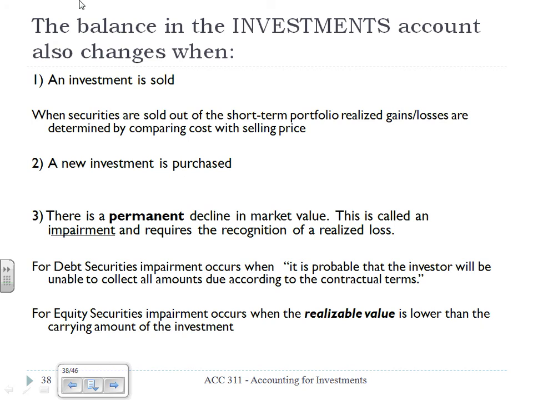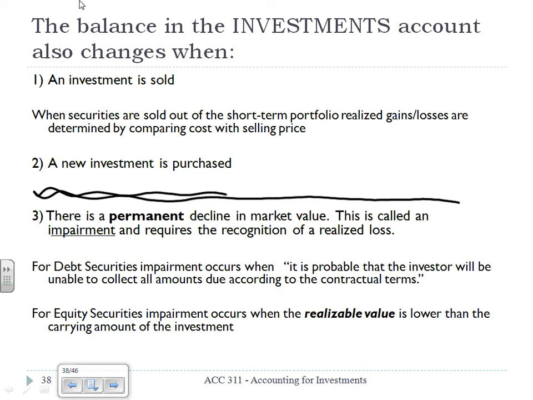Now, the balance in the investment accounts also changes when an investment is sold. So whenever you sell it, then you're going to take it out of that T account. A new investment is purchased. And then, this is an important one, impairment. There's a permanent decline in the value of the securities.